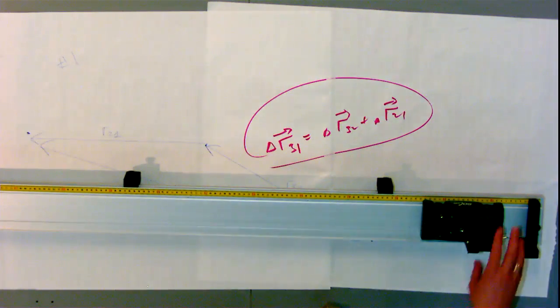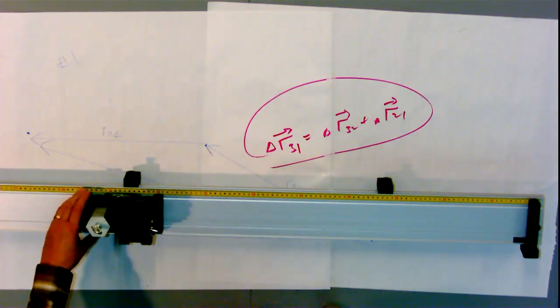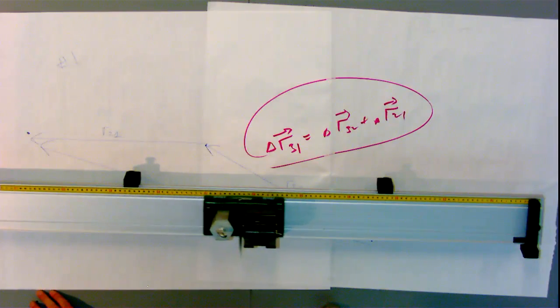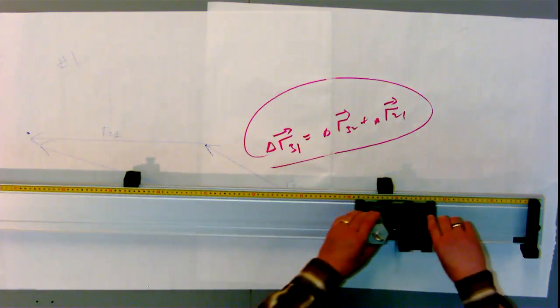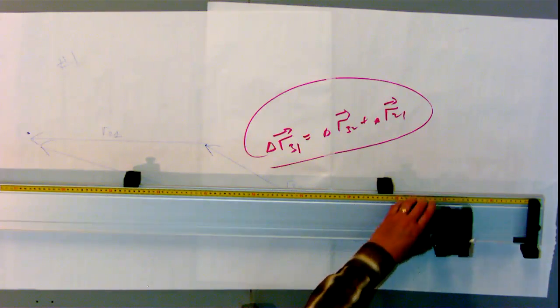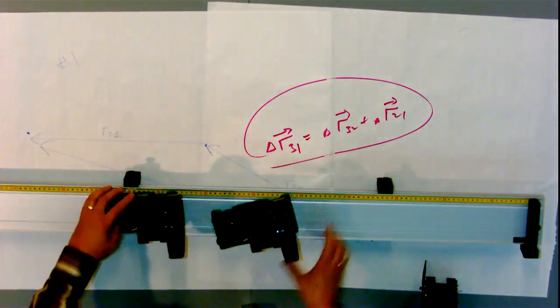Now, I can add more mass, and there is an even more visible decrease in the acceleration. So same force, but when mass goes up, the acceleration goes down. What happens if we change the force?